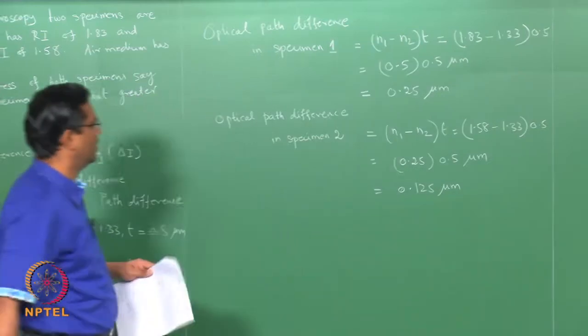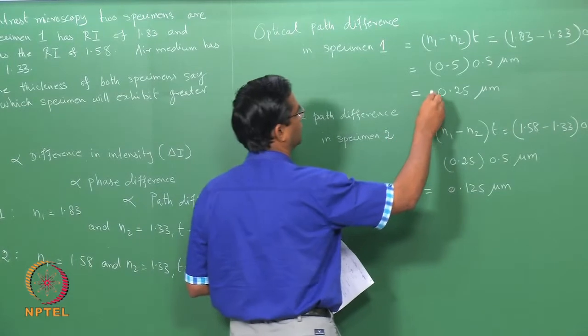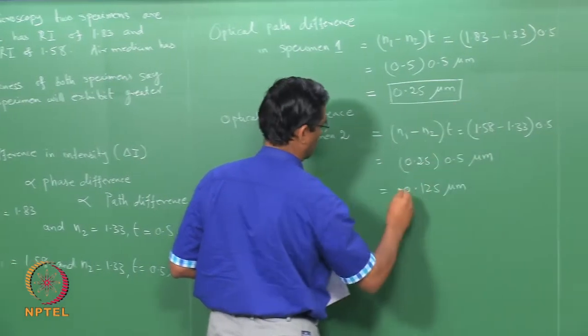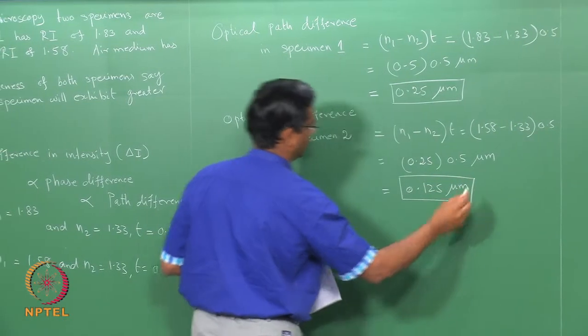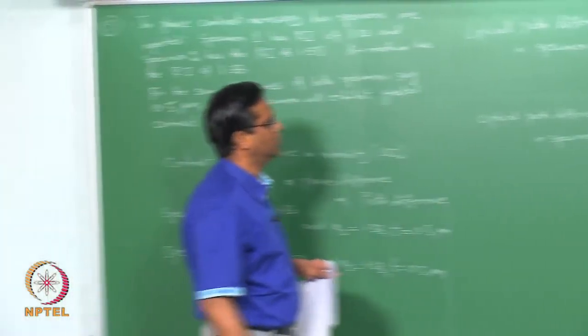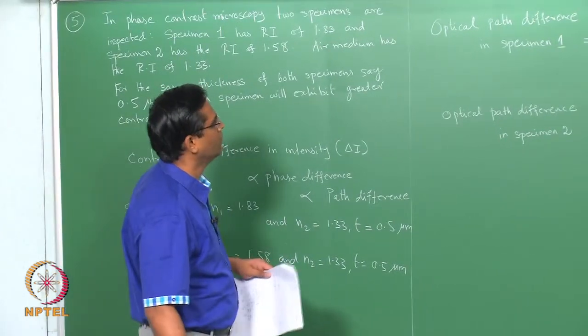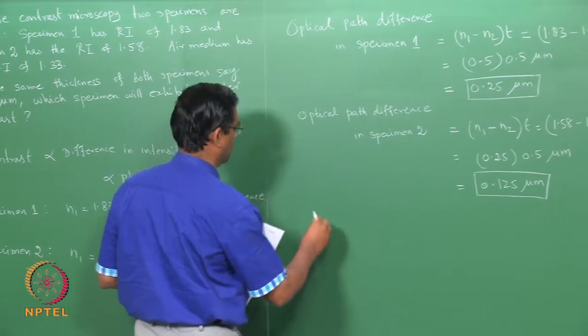So, now you have two values belonging to specimen 1 and specimen 2. Now you have to think, how do we interpret these values?